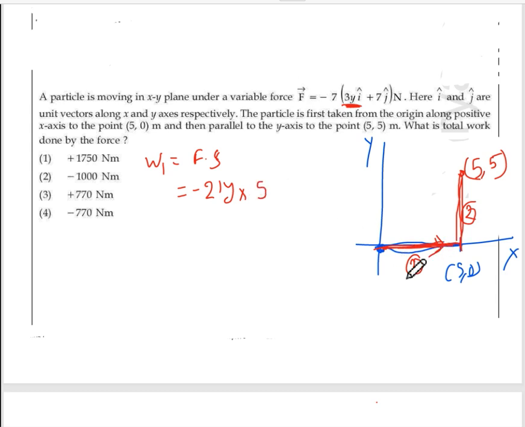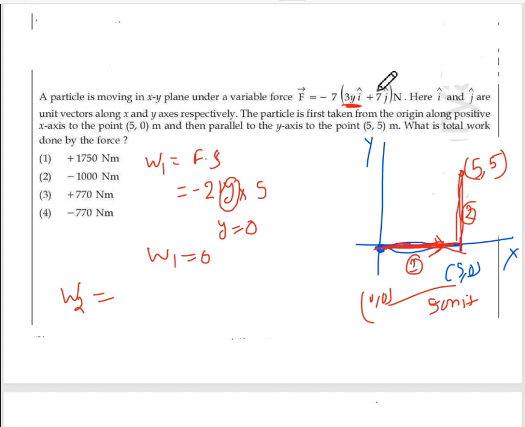If you calculate the displacement, it's from 0,0 to 5,0, so displacement will become 5 units. Now there is one constant which is y, but in the x-axis y is 0, so when you put 0, w1 will become 0. Now when the object is moving in path 2, w2 will take only the vertical component, which is j cap.